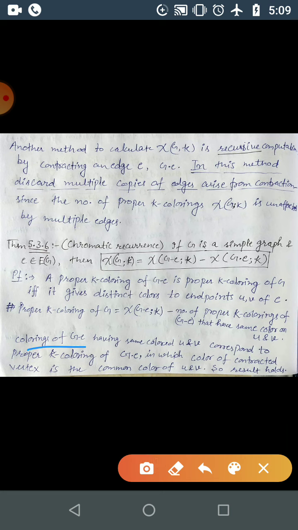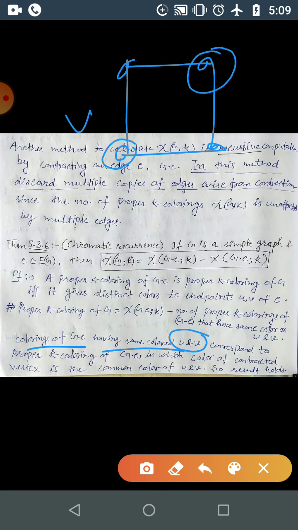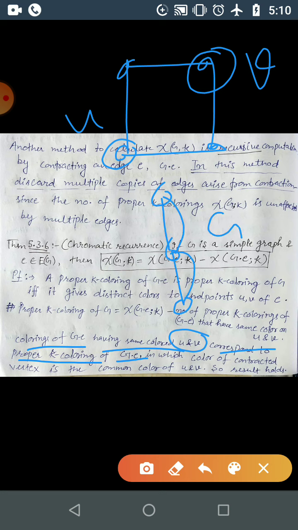So the colorings of G minus E having the same color on U and V, where in G minus E we want to remove those where U and V have the same colors, correspond to the proper k colorings of G dot E, or you can say G contracted E, correct.